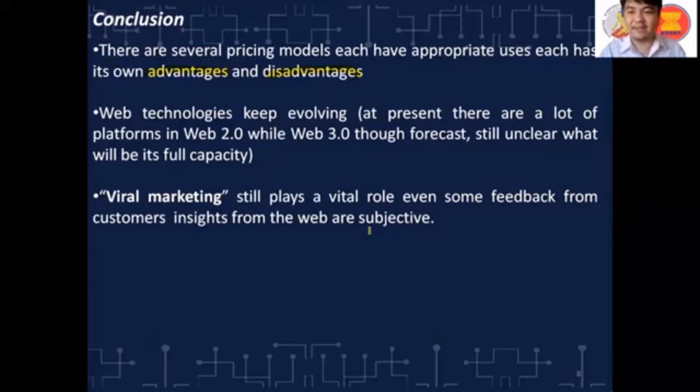Magkakaiba po tayo ng level of satisfaction. Kaya magbibigay po tayo ng mga comments, di ba? Kahit po sa mga webinar natin, sa mga kinakonduct nating webinar ngayon, kung libre, kahit marami pang areas for improvement, sige, 5 na yan kasi libre naman yung webinar, di ba? Subjective po siya.